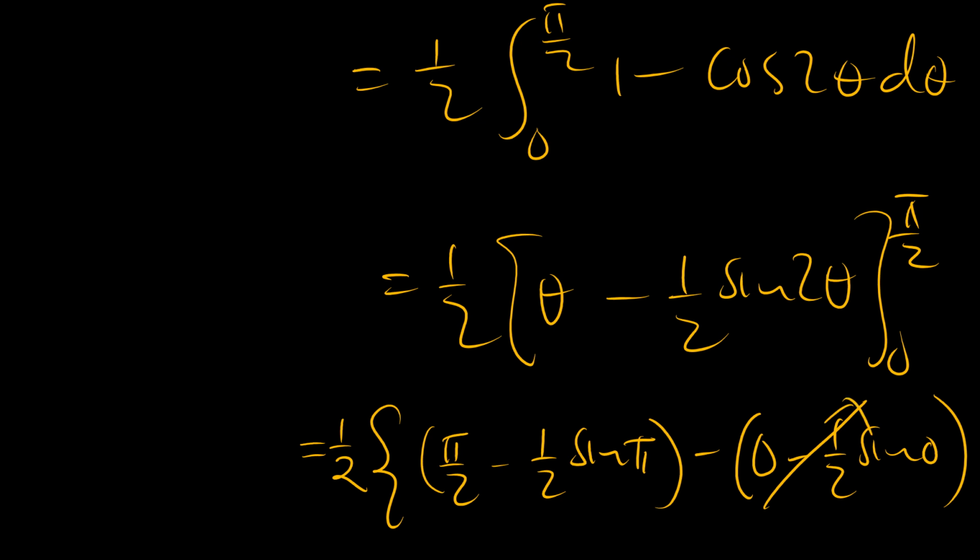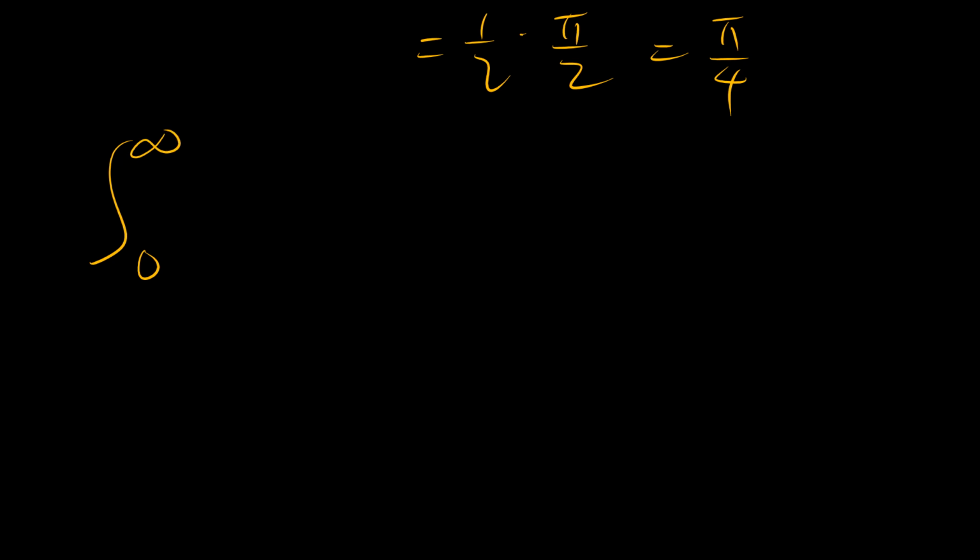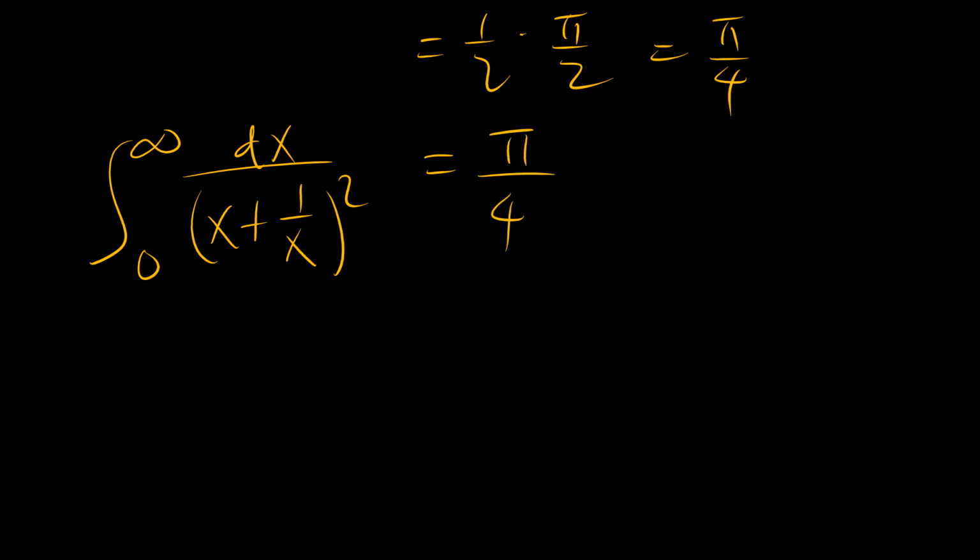So this goes to 0, this also goes to 0, and we are left with a half times pi over 2 equals pi over 4. So what that essentially tells us is that the integral from x equals 0 to x tending to infinity of 1 over x plus 1 over x squared is equal to pi over 4.